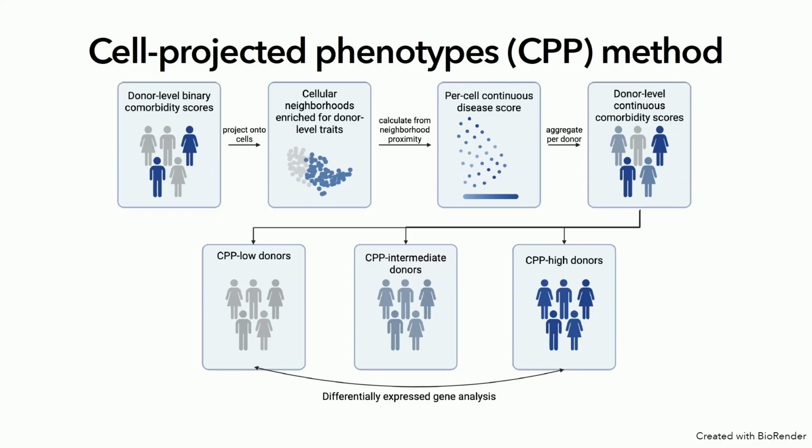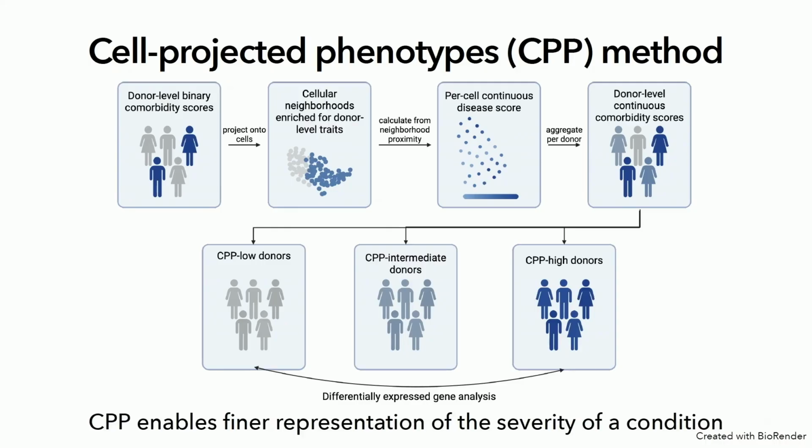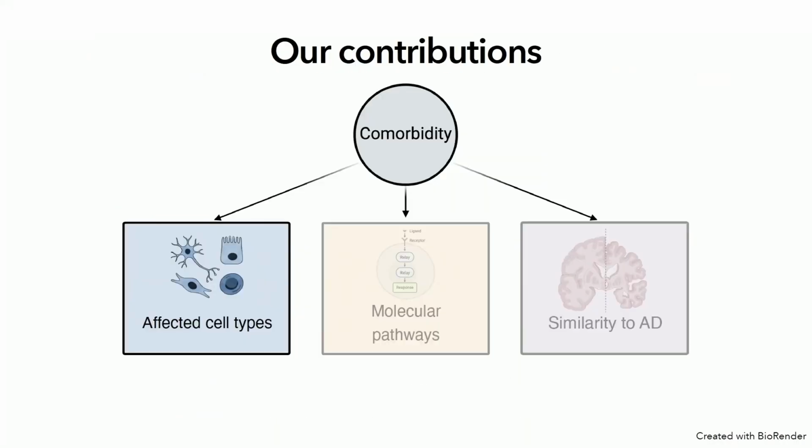And we collect the scores from all the cells of each donor and aggregate those scores together to get a donor-level score. The donors are stratified based on these scores into 3 groups. Overall, CPP provides a finer-grained representation of the variation of the severity of comorbidities in each donor. So now let's jump into the results.